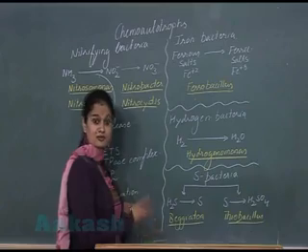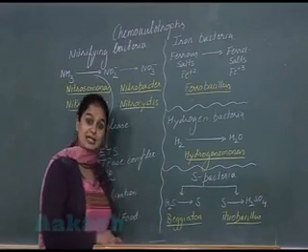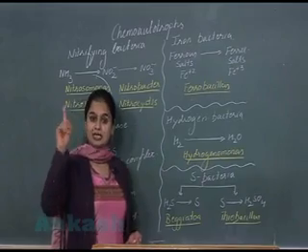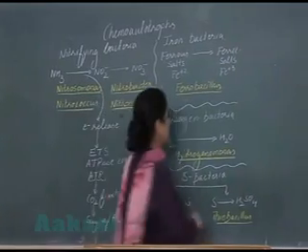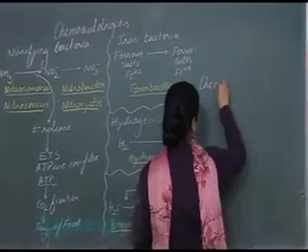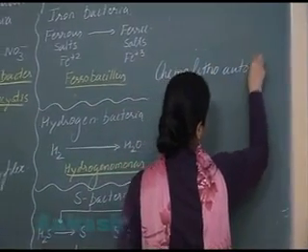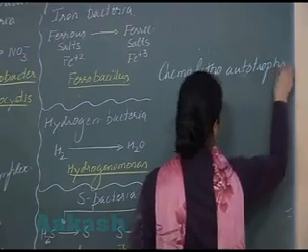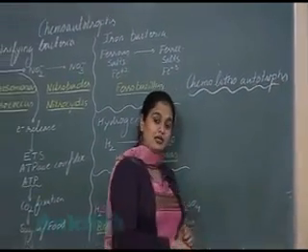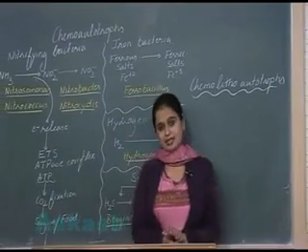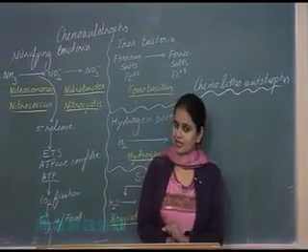So they are also lithotrophs. So more appropriately they can be known as chemoautotrophic bacteria. Chemoautotrophs. Now after the autotrophic category, I will be dealing with the second mode of nutrition, that is heterotrophs.